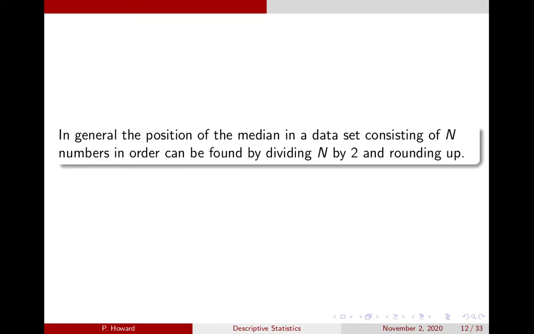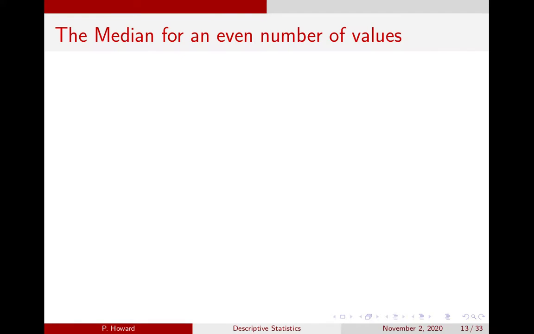And in general, the position of the median in a data set consisting of capital N numbers, in our example capital N was 7, you can find by dividing N by 2 and then rounding up to the next whole number.